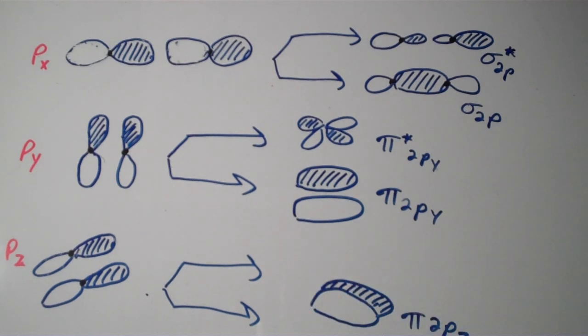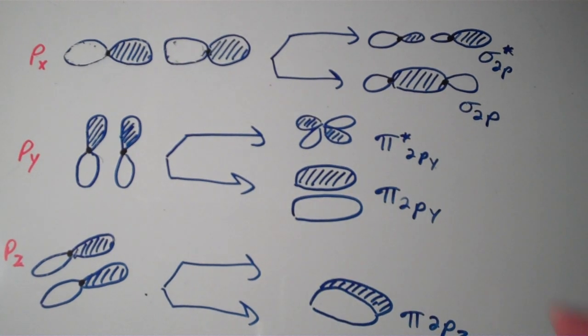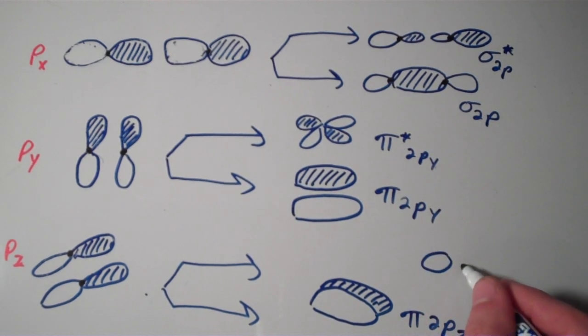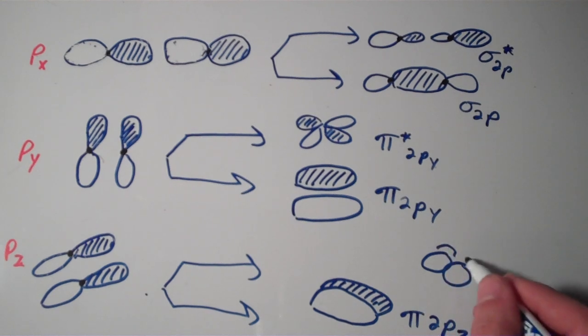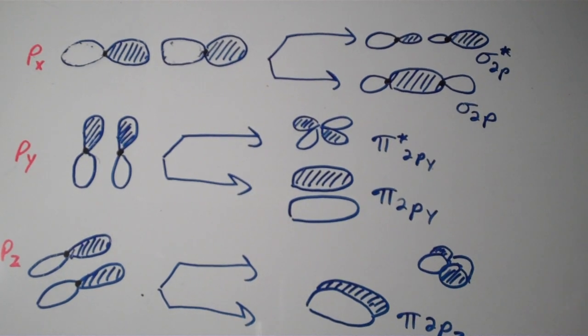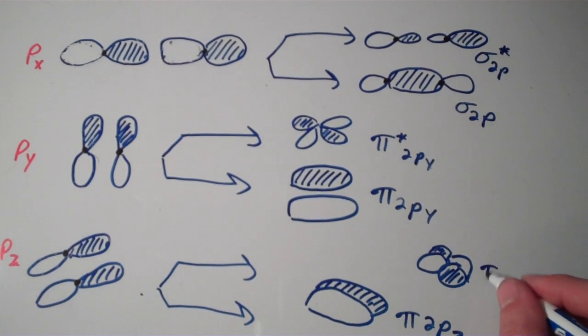And the other molecular orbital, I'm kind of running out of space, so I'm going to draw it over here on the right. Looks sort of like this. And it has alternating shaded and non-shaded regions. And this is what we call the pi 2pz star molecular orbital.